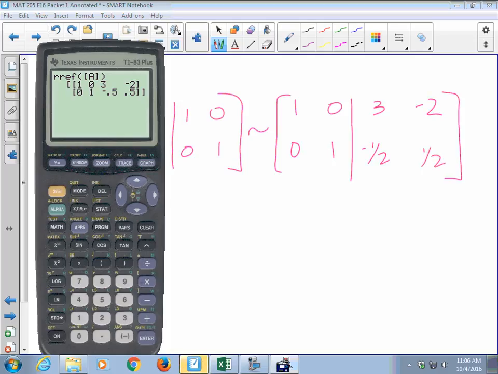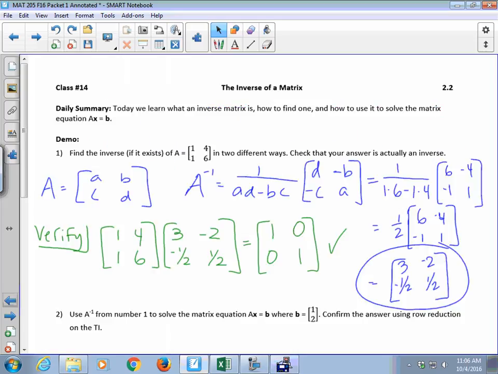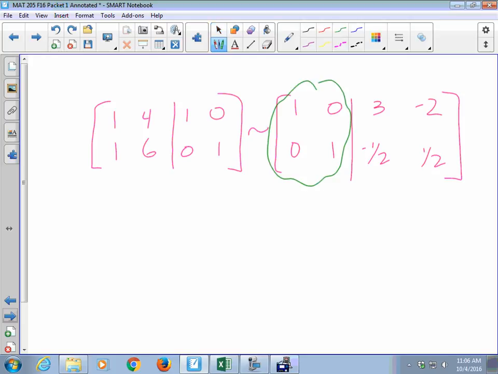And then with the 2 by 2, the way you can tell with the special formula if there's no inverse is if the determinant is 0, right? Because you get a 0 in the denominator. If you're using this other method, you can tell that there's no inverse if this doesn't turn into the identity, right? If after you row reduce, you don't get the identity on the left, there's no inverse.